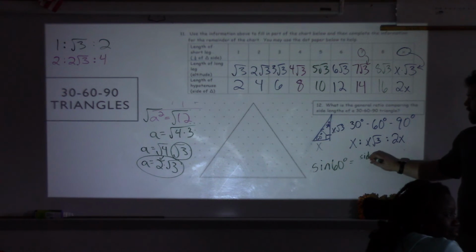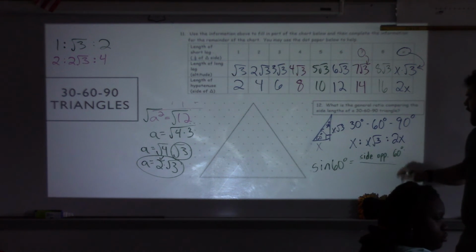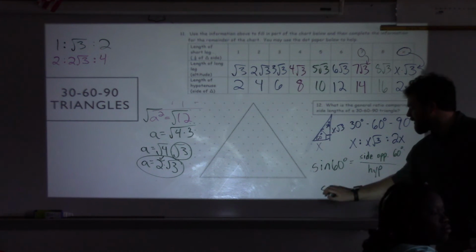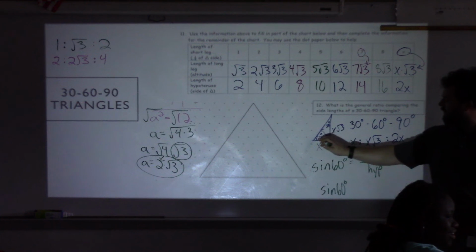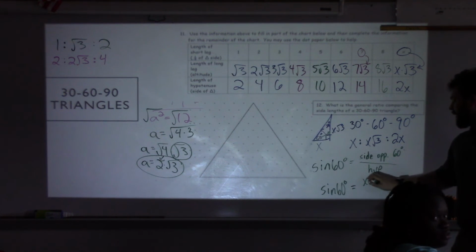Side opposite 60 degrees divided by the hypotenuse. So the side opposite 60 degrees is x times the square root of 3.